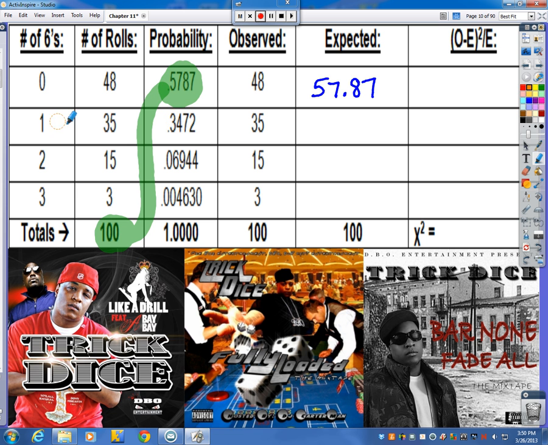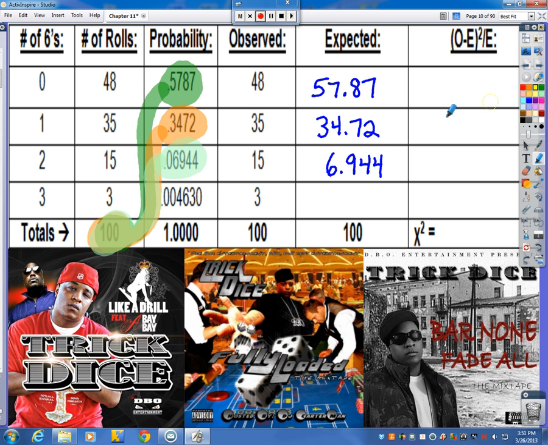Likewise, if rolling 1 six happens 34.72% of the time, then in 100 rolls, we would expect to see 34.72 out of 100 times come up with 1 six out of 3 dice. Similarly, to roll 2 sixes out of 3 only happens 6.944% of the time. And out of 100 tosses of the dice, we should expect only 6.944 of these 100 rolls to produce 2 sixes out of 3.